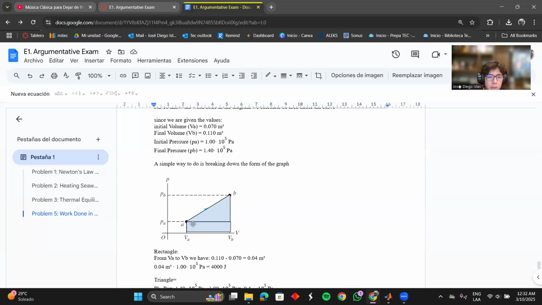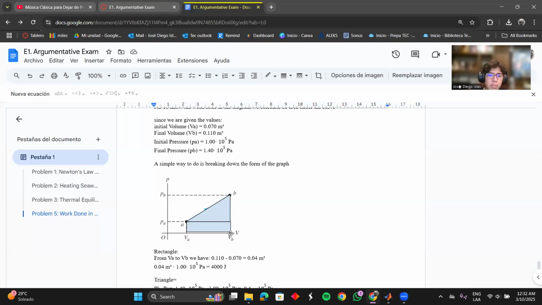So we can break down the form. We know that this is a triangle and this is a rectangle. And we use these values to find the total length and the total altitude. So we want to know the area of these things.